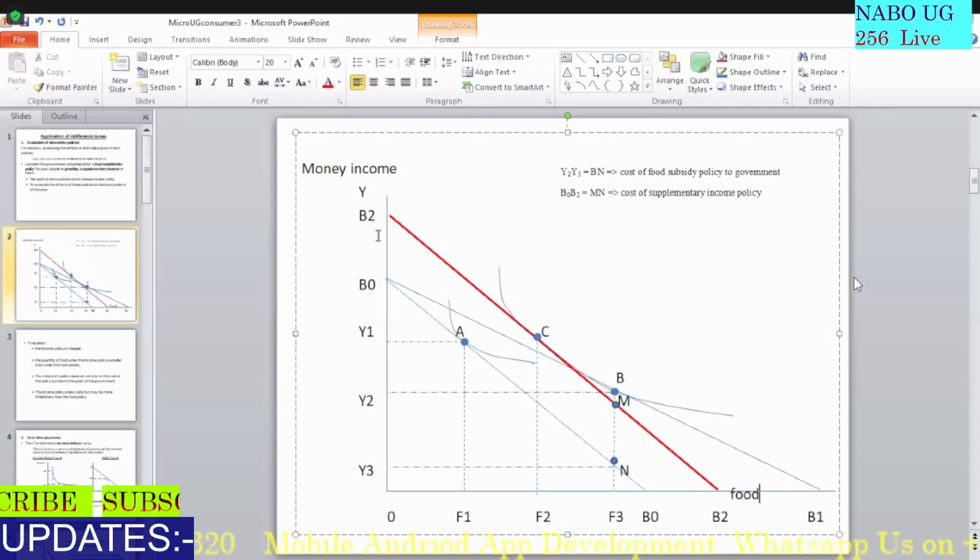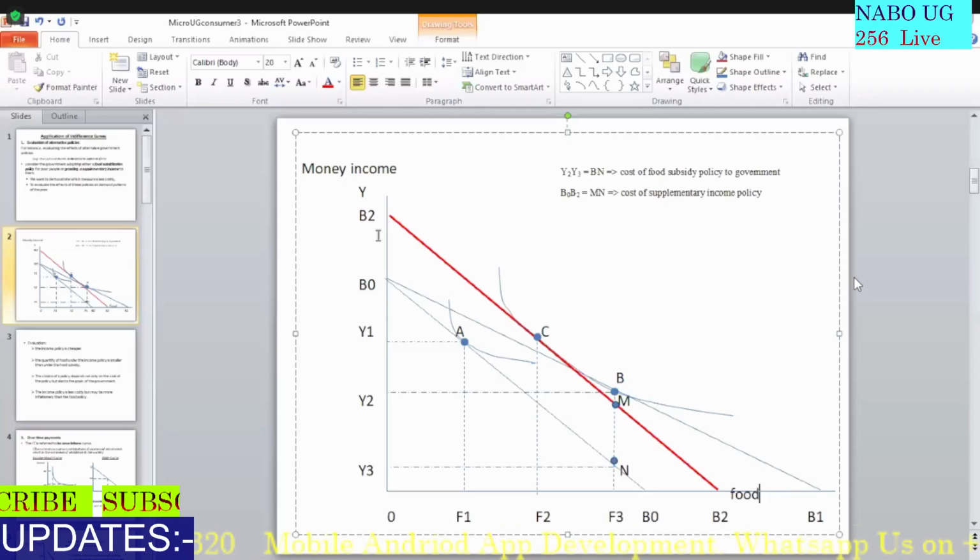But then the income policy may be less costly in the short run, but it is more inflationary than the food policy. When you give everyone more money, cash, cash, cash, that eventually will lead to inflation. And we all know the costs of inflation. They are greater than the initial cost. So for you as an economist, at least you have advised the government.